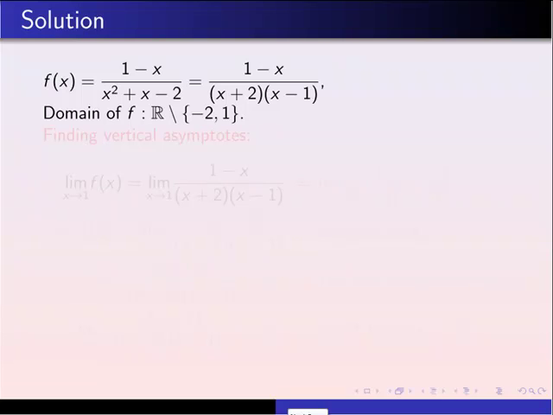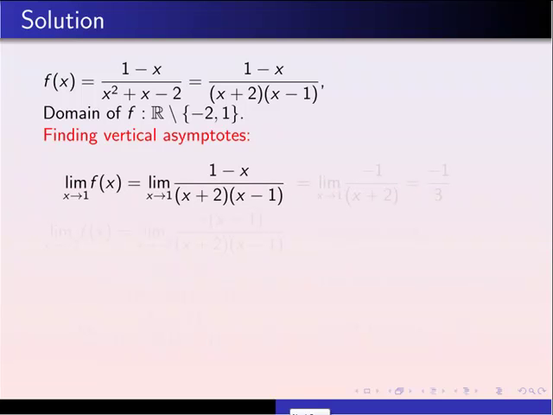So let's evaluate the limits as x approaches both of these values, minus 2 and 1. If the limit exists, then x equal to that number is not a vertical asymptote. But if the limit does not exist, that means we have a vertical asymptote. Let's start with the first value, the limit of f of x as x approaches 1.